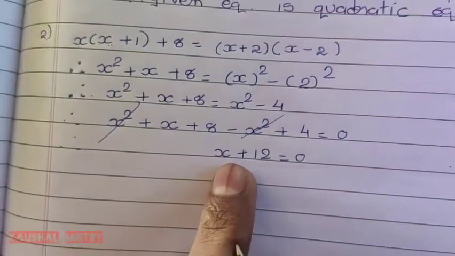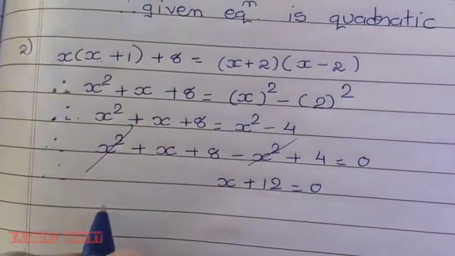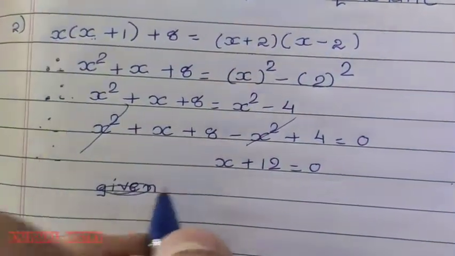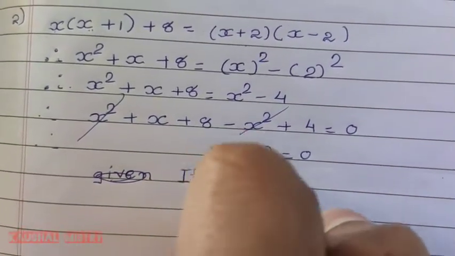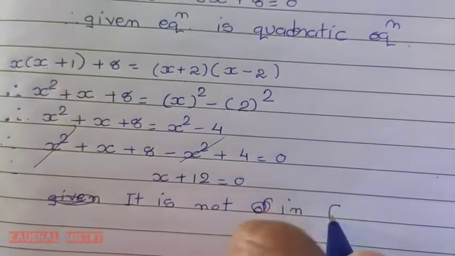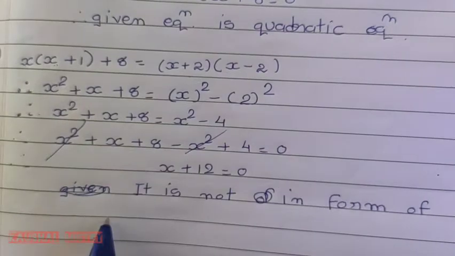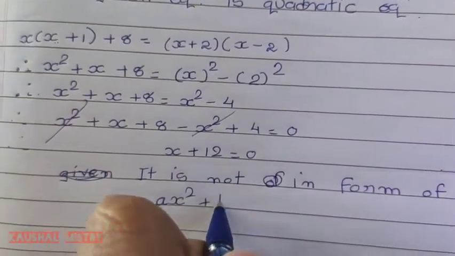Now we can see that this is a linear equation, not a quadratic equation, because it is not in the form of ax square plus bx plus c.